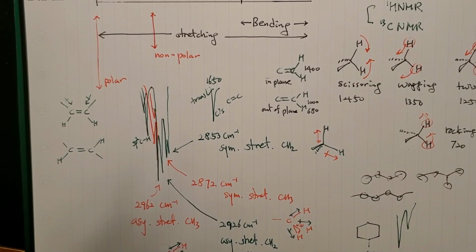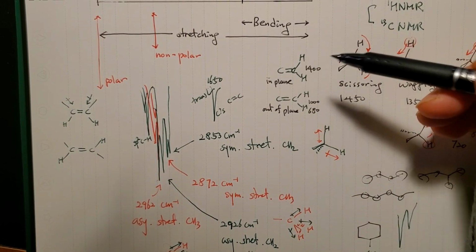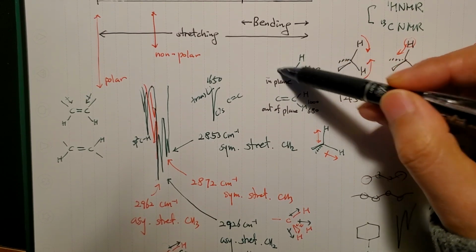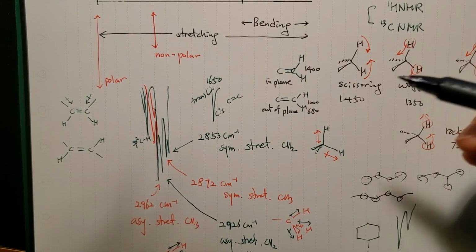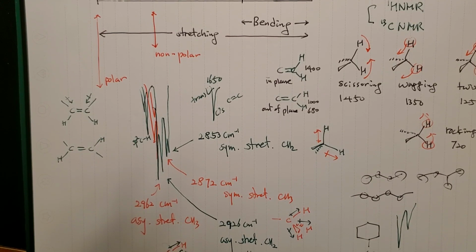Also, there is a bending vibration for these hydrogens. Whether the H is in this way or, you know, one here, one there, either case, there could be two typical modes that give you dipole moment change, because IR is detecting basically the dipole moment change while the vibration is taking place.